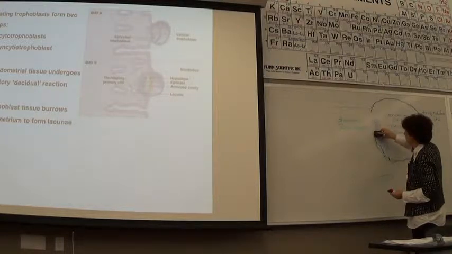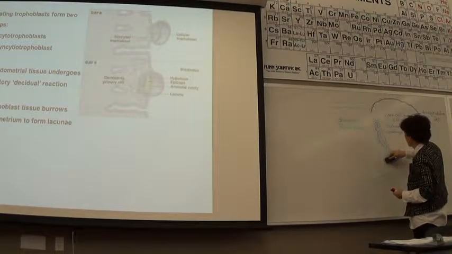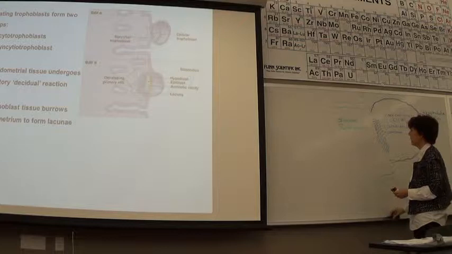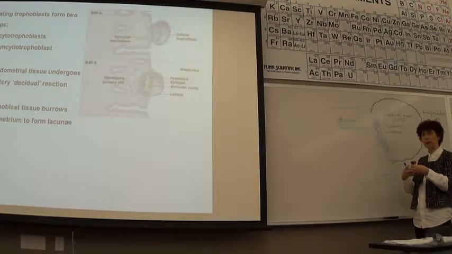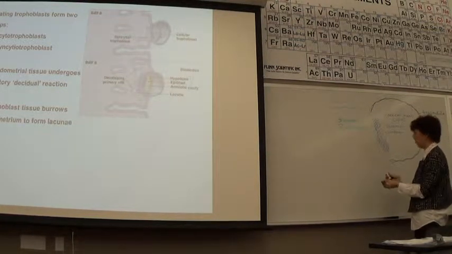So the nuclei and the cytoplasm remains, but the cells have joined, the plasma membranes fuse and disappear in part.